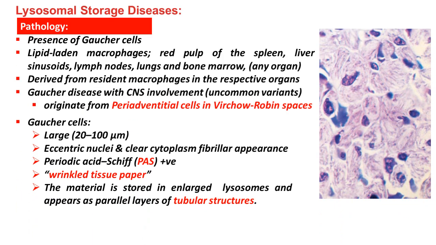Histologically, the characteristic appearance of the Gaucher cell is that the cells are very much enlarged, the nucleus is pushed towards one side, and the cytoplasm shows PAS positive, periodic acid Schiff reagent positive material, which shows characteristic crumpled tissue paper appearance.